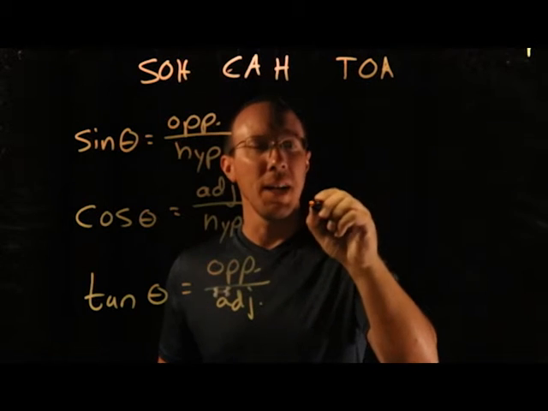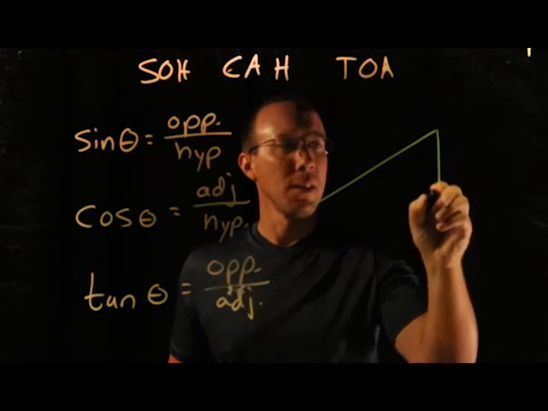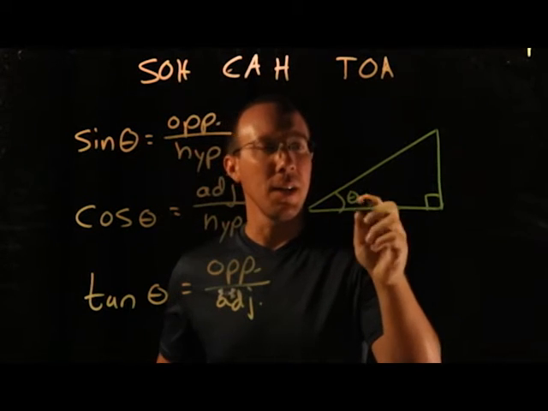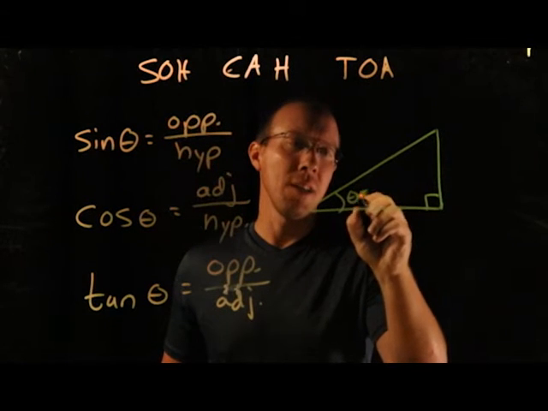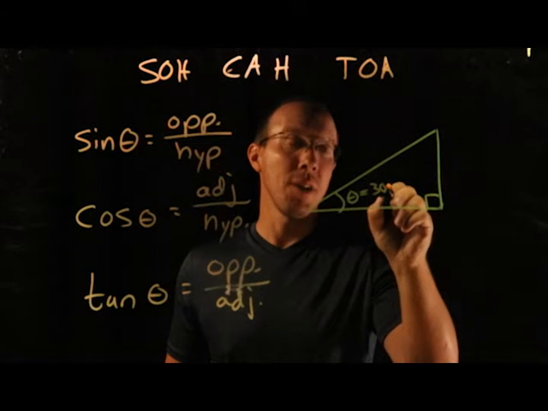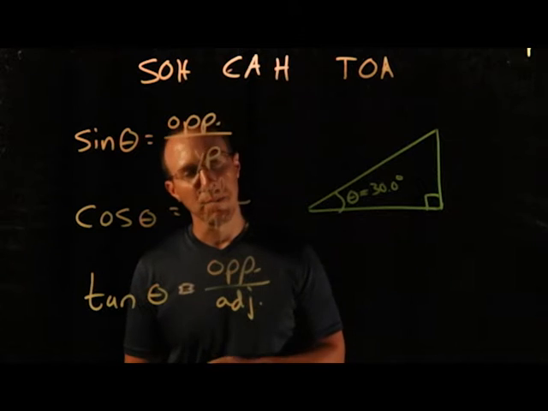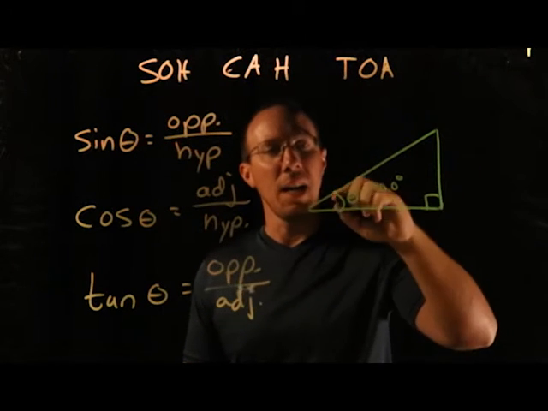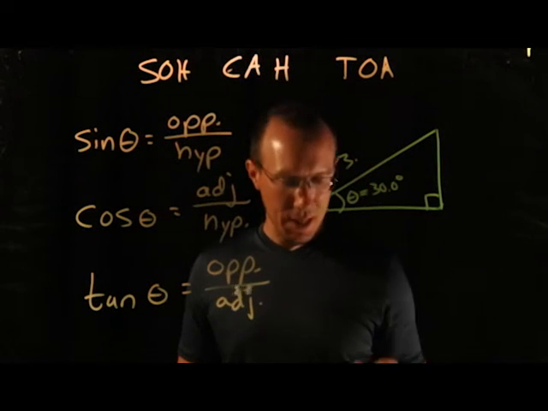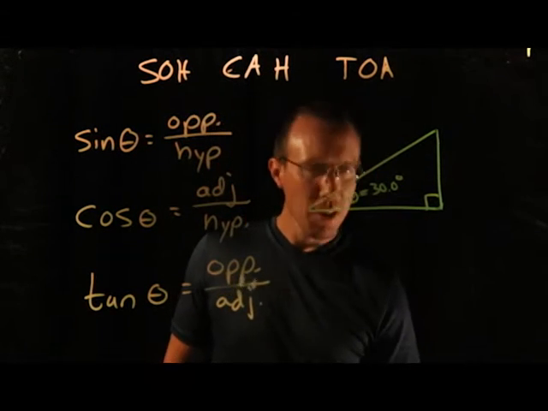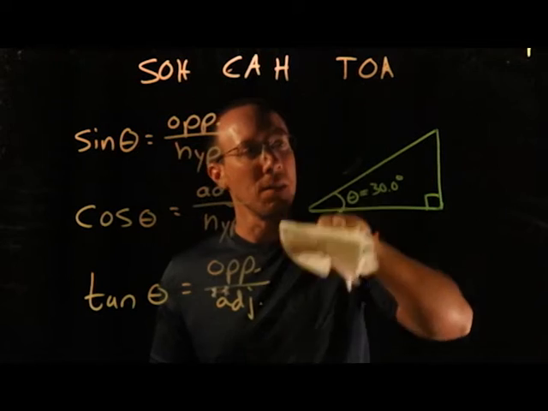So let's say we have our right angle here. We have our angle theta here. Let's say it is 30 degrees. I'm going to put 30.0. And let's say the hypotenuse is, I gotta quit using so many threes, let's say it's 5 meters long.